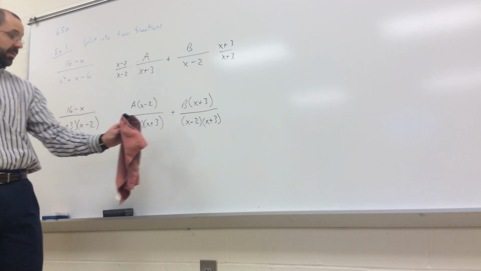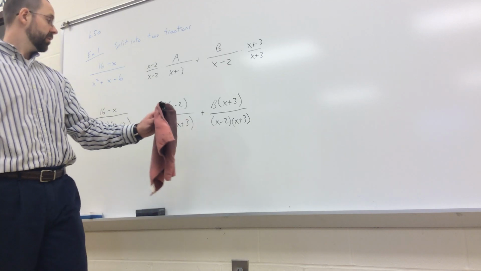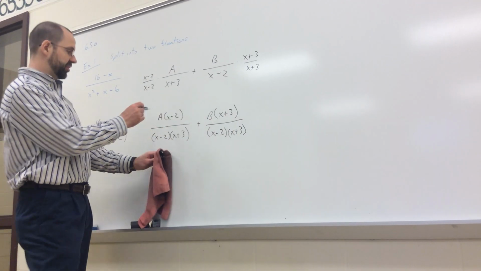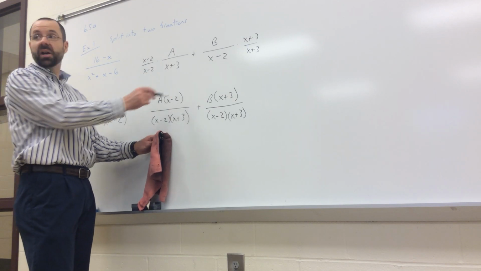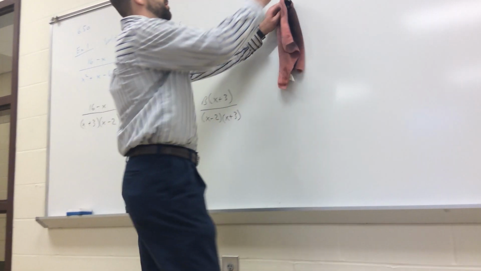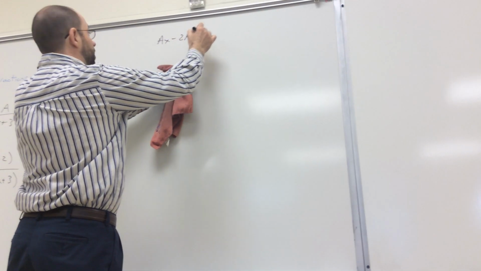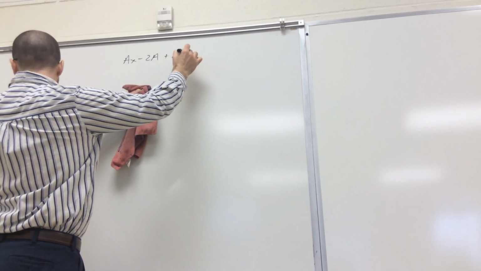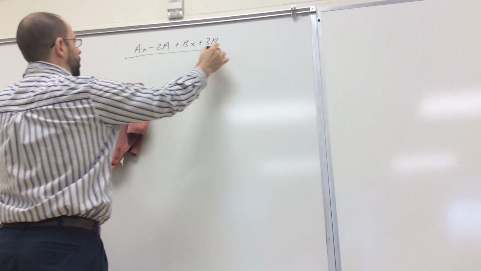So now I've got a common denominator, so I can add the two fractions together. And in the same step, I'll distribute the A and distribute the B, if that's okay. So this will be ax minus 2a plus bx plus 3b all over my common denominator.